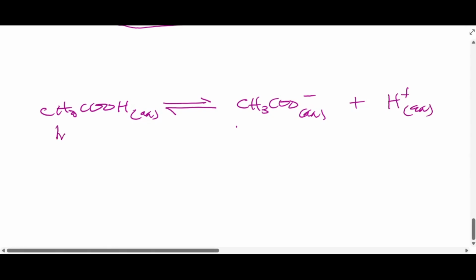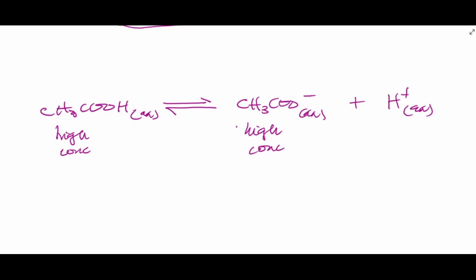Remember, we have high concentration of this, high concentration because most of it is not dissolved. And then we also have high concentration of our ethanoate ion. This one we get from the sodium ethanoate, the salt of ethanoic acid that we add.